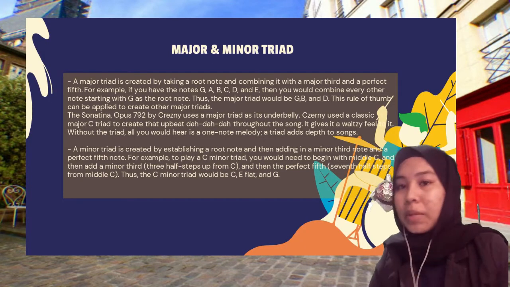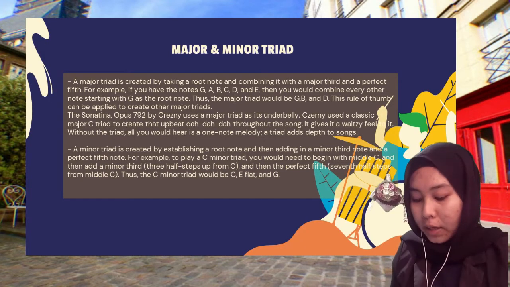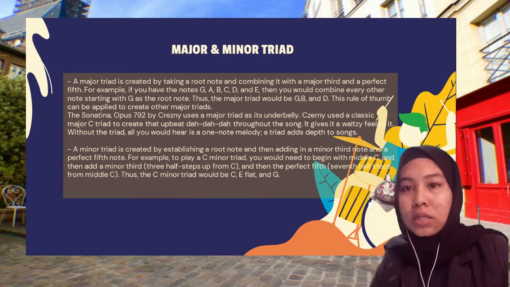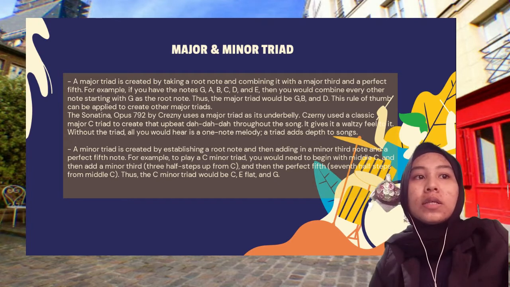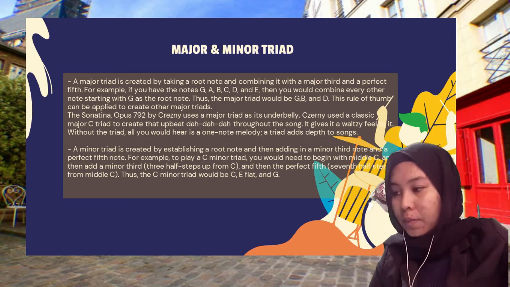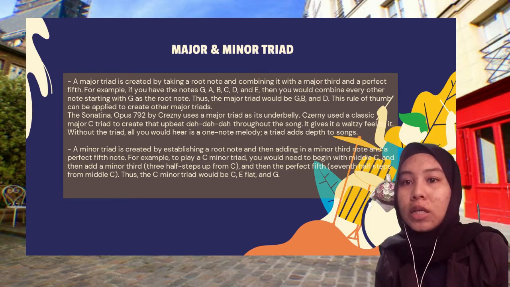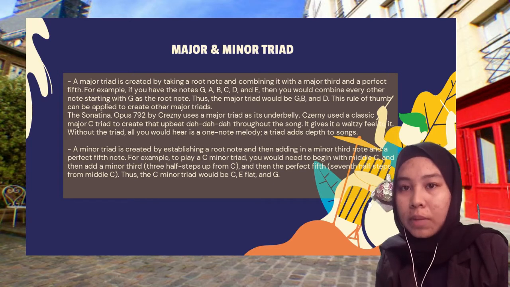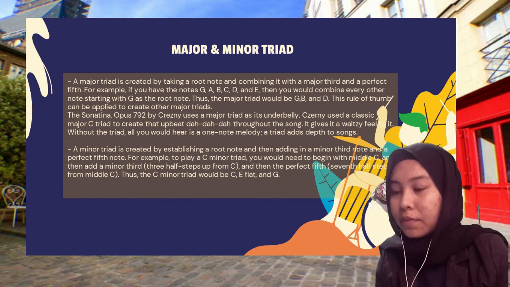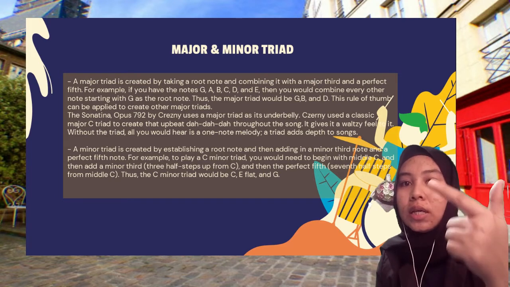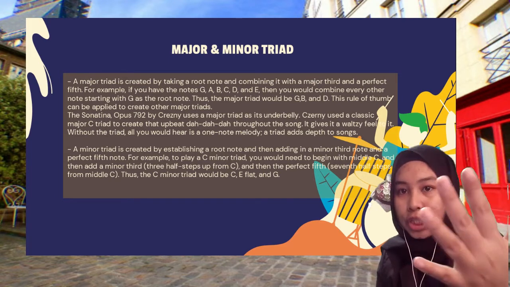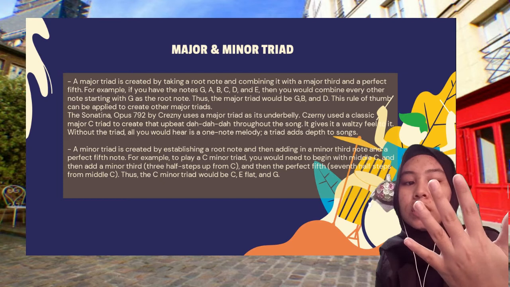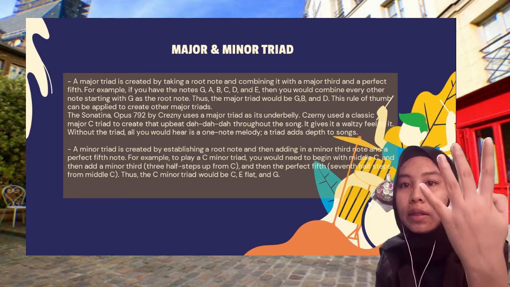Here we have a major triad. Let's think about the C major chord. You can imagine the scale of C major until the fifth: C, D, E, F, G, and focus on the root, third, and fifth.